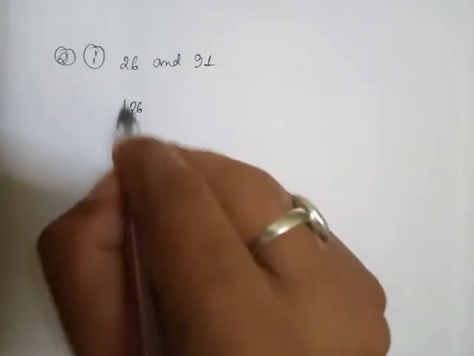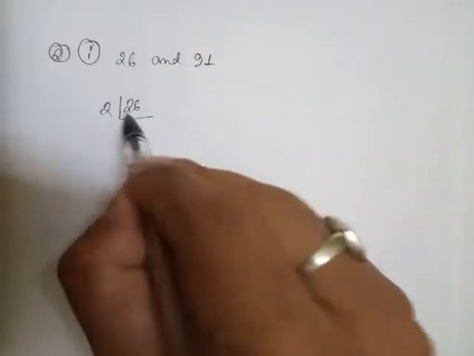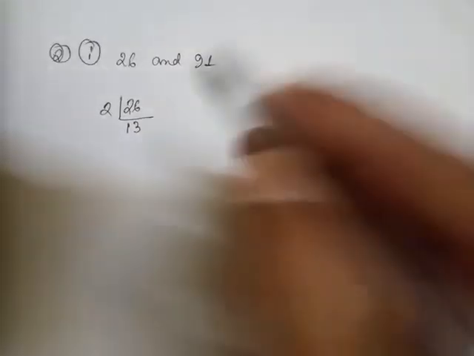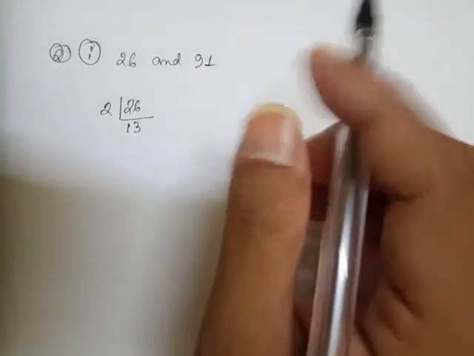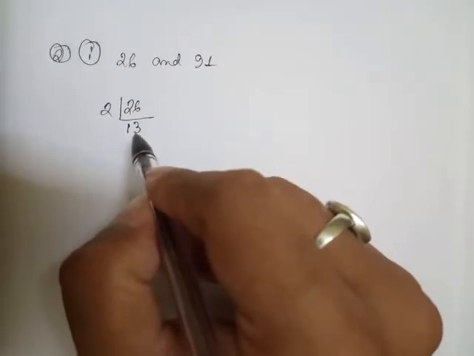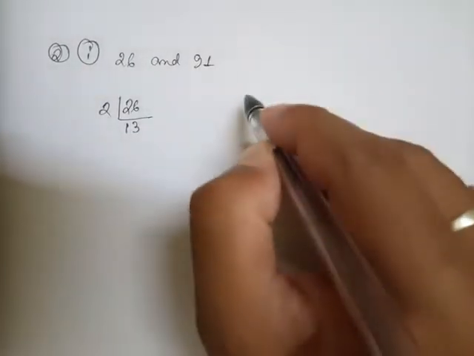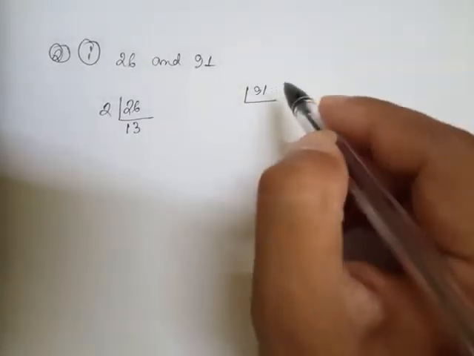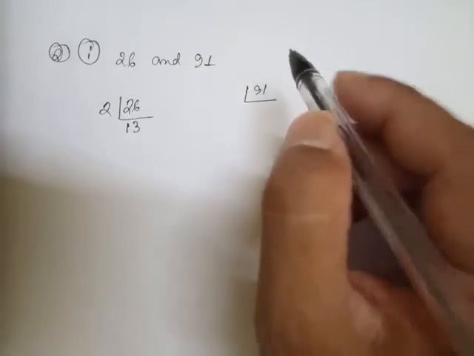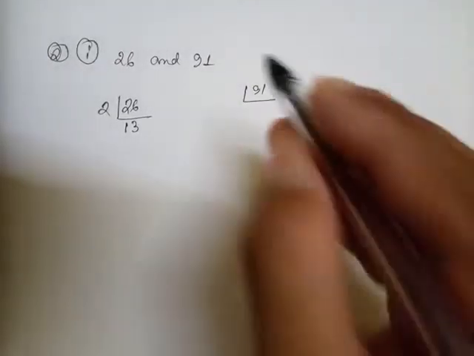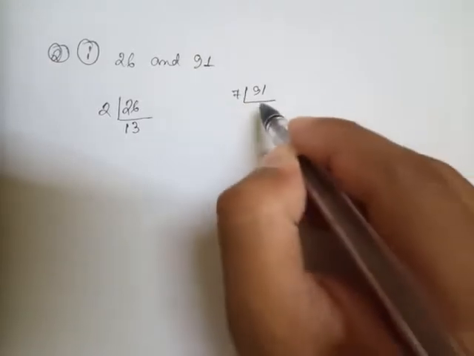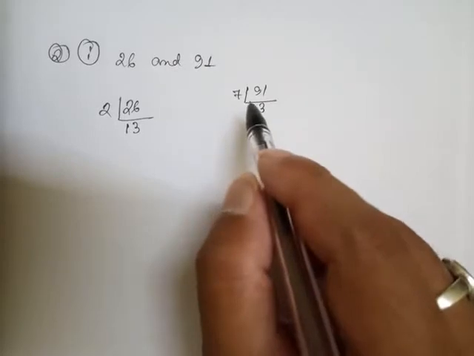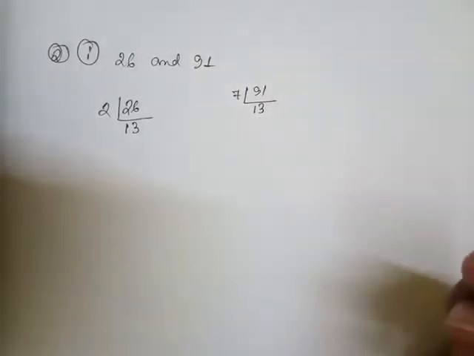26 divided by 2, obviously, because 26 is an even number. So there is 13, and 13 is an odd number and also a prime number, so we cannot break 13 again. So 2 into 13 is the answer. And here go for 91. 91 is an odd number first of all, and if I go for the division, this could be 7 into 13. 7 is a prime number, and 13 is also a prime number.